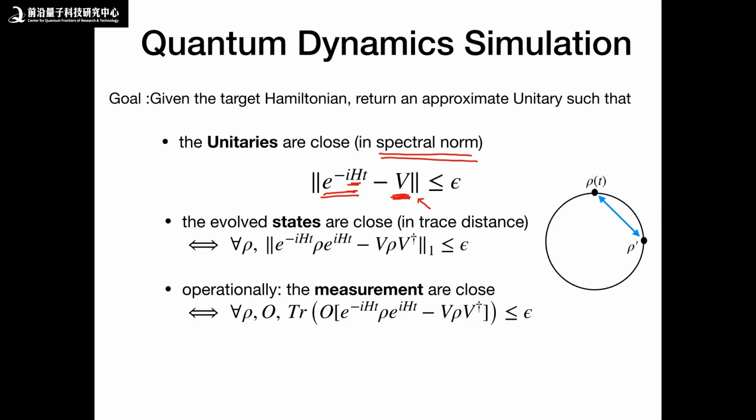These epsilons are all the same epsilon, and these notions are equivalent. Sometimes one of them is easier to think about than others. Sometimes people like to think in terms of states because trace norm is pretty nice. But these are just different representations, and we're going to visit them again.